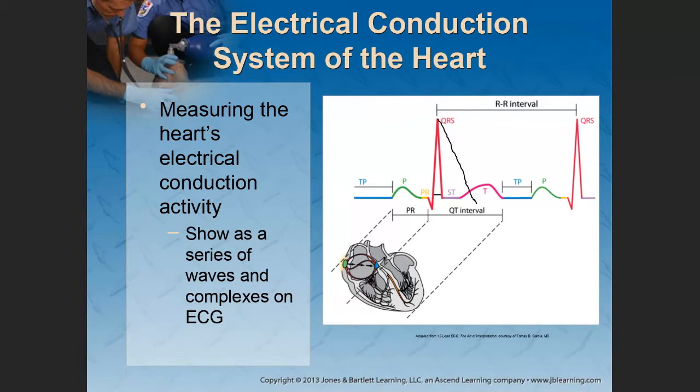This QRS complex that I just added would be greater than 3 small boxes. Once it is greater than 3 small boxes, it means that the rhythm is originating in the ventricle. So it's going to be a ventricular rhythm. You got that, Miss Beckford?